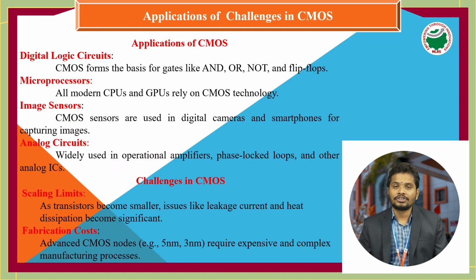And what are the applications and challenges of CMOS technology? Applications mean where we use CMOS circuits: digital circuits, microprocessors, image sensors and analog circuits. In digital logic circuits, CMOS forms the basis for gates like AND, OR, NOT, and flip-flops.